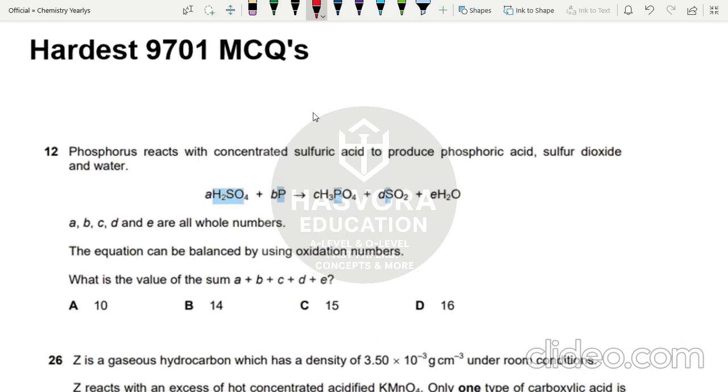Now first of all you have to take the oxidation state of the sulfur in sulfuric acid.